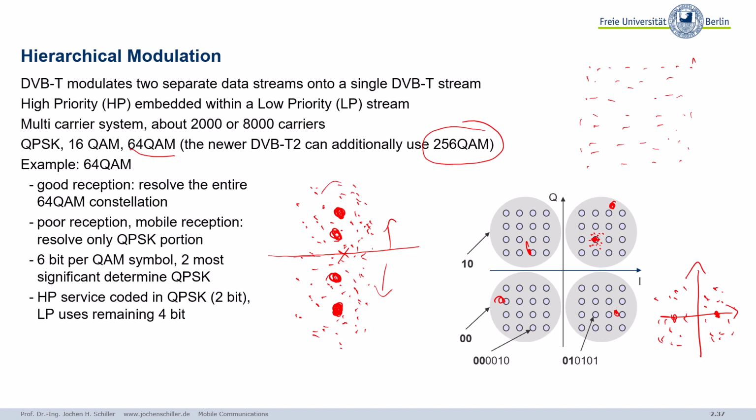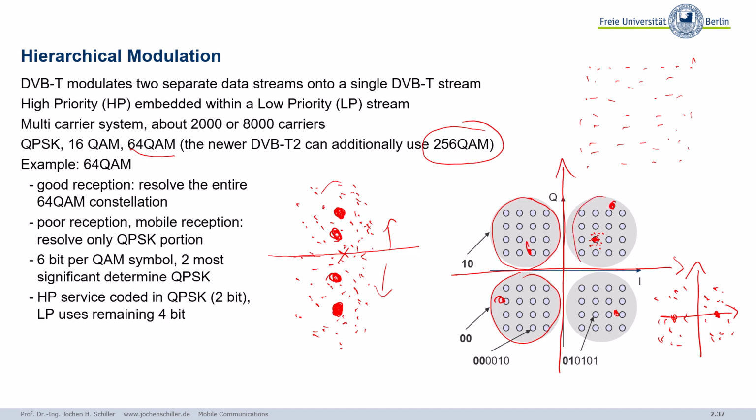But at least you can say, okay, it's here, upper right, upper left, lower right. But this is basically a QPSK scheme. Four gray regions.